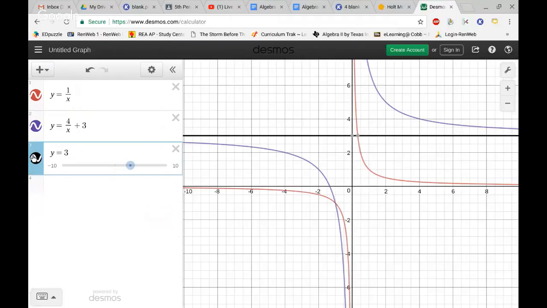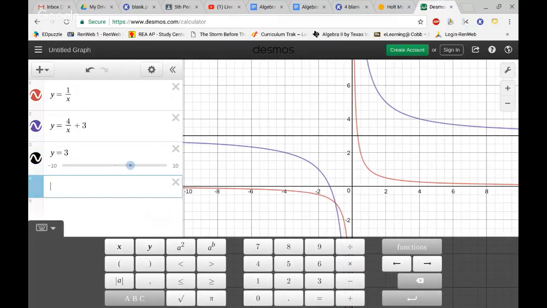If that were dotted, you can kind of see how the purple line comes near it. And x equals 0 remains my vertical asymptote. So that purple line is going to go near it, but never touch it.